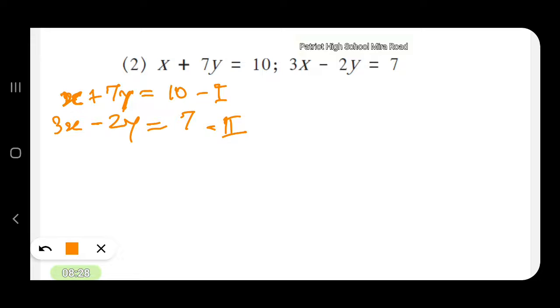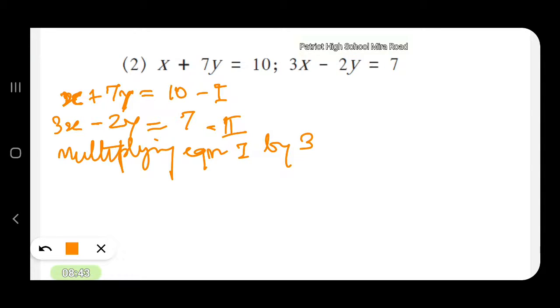Therefore, we will multiply equation 1 by 3. I will write the product directly. 3 multiplied by x is 3x. 7y multiplied by 3 is 21y.